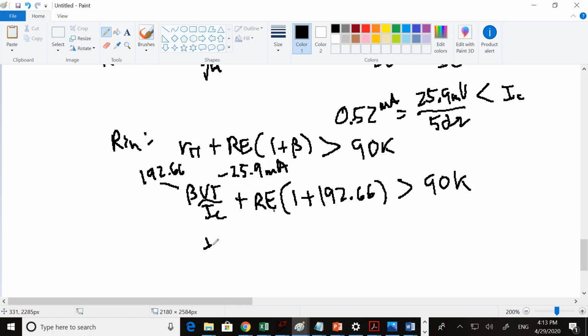So if I use IC equals 1 milliamp and then solve for RE, what I get is, I think RE needs to be greater than 425 ohms.